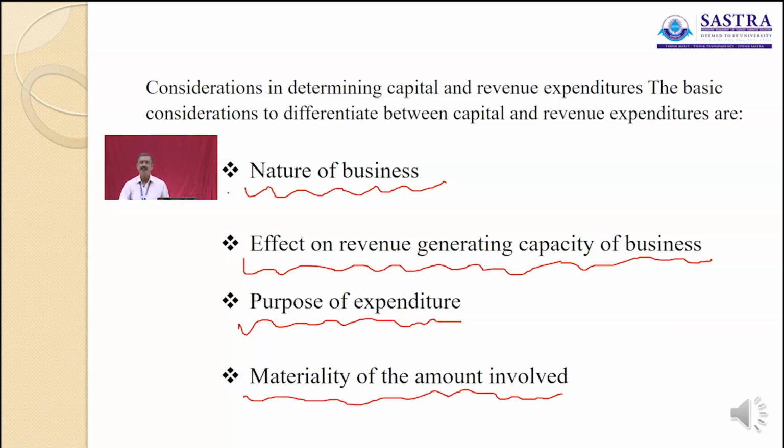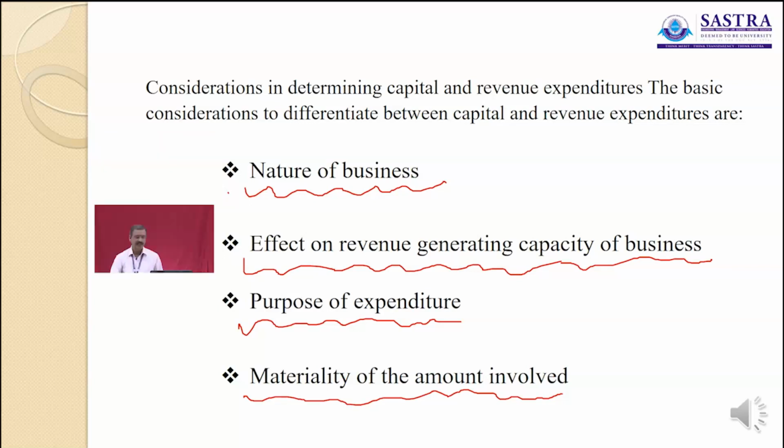And the purchase of furniture as capital expenditure will be shown on the asset side of the balance sheet, whereas the purchase of furniture used for resale as a commodity or merchandise in a business firm which is selling the furniture only will be purchases and shown on the debit side of the trading account. Therefore, the nature of business is a very important criterion in classifying the expenditure between capital and revenue.